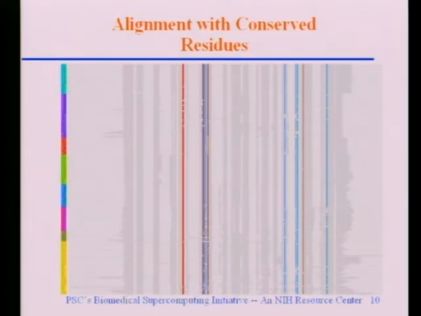After we have the alignment refined, we look to see what are the most highly conserved residues. You can get some of this information in initial stages, but it's likely to be incomplete. After you have the alignment refined, it'll be much more complete.